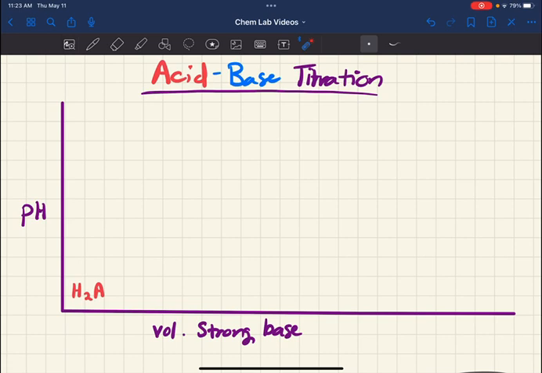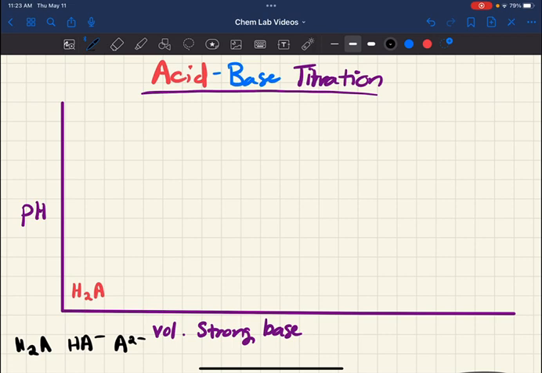And so every weak acid, of course, has a different pKa value, and this H2A species will interconvert between H2A, HA minus, and A2 minus over the course of this titration.